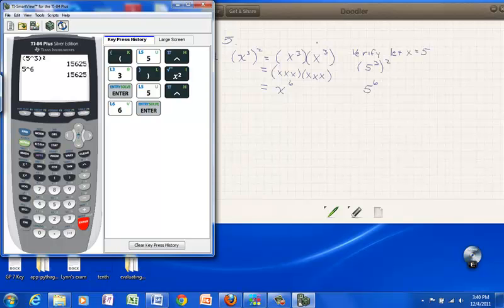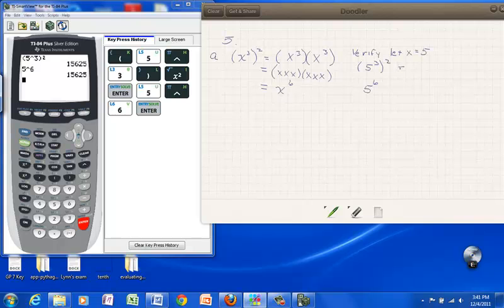You're going to find that when you're working with large exponents, and 6 is rather large when you're talking about exponents, that your answers on the calculator are going to get quite large. That answer works.